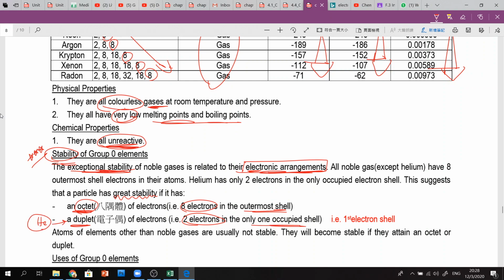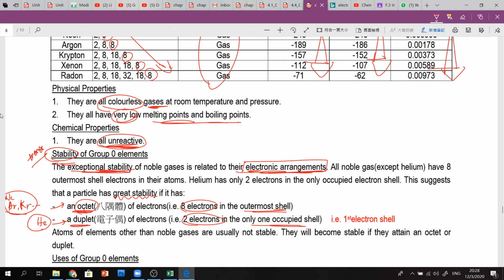The second statement: if you are going to explain how come helium is very, very stable, you are going to make that sentence. But if you want to talk about neon, argon, krypton, etc., all those other group 0 elements, you use the same statement: an octet of electrons in the outermost shell.